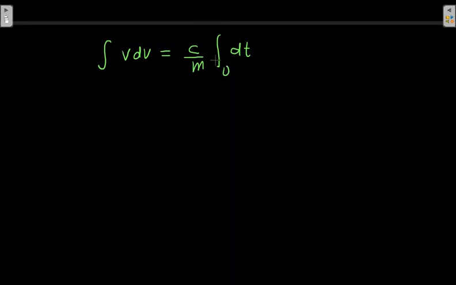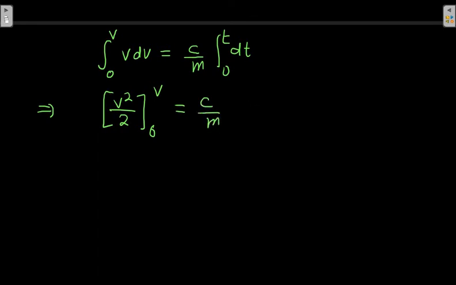When t equal to 0, v was 0. At time t, the velocity becomes v, which implies that v square upon 2, having limit 0 to v, will be equal to c upon m into t, having limit 0 to t.